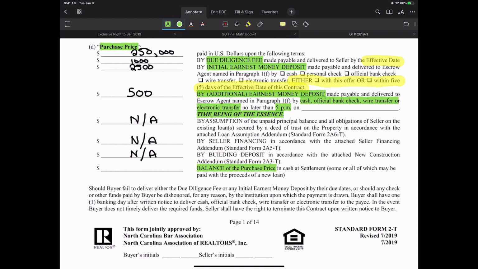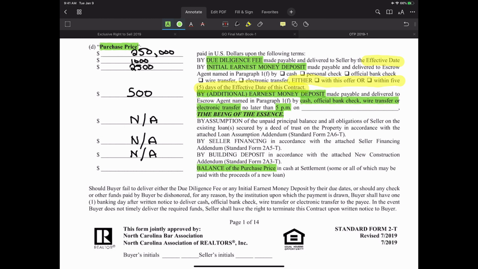So we've said so far, hey seller, I'm offering you $250,000. But I'm also offering you $1,000 in due diligence. I'm offering you $2,500 in initial earnest money and an additional $500 in additional earnest money. So I don't want to have to bring $250,000 to closing because I'm getting that $1,000, that $2,500, and that $500 back.